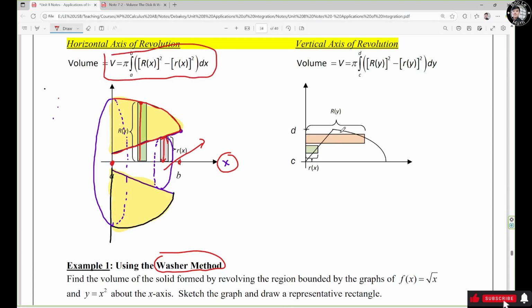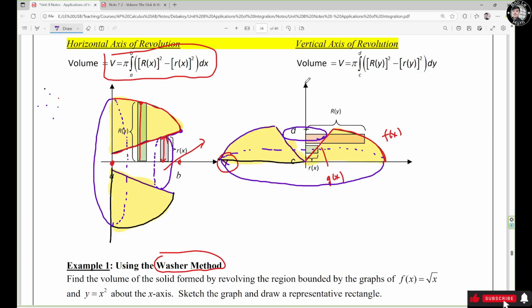Now look at the right hand side. Suppose I have the function f of y right here, and the function g of y right here. Alright, now the shaded region should be this one. If I want to revolve this one about the y-axis, right? So I will get this solid something like this.